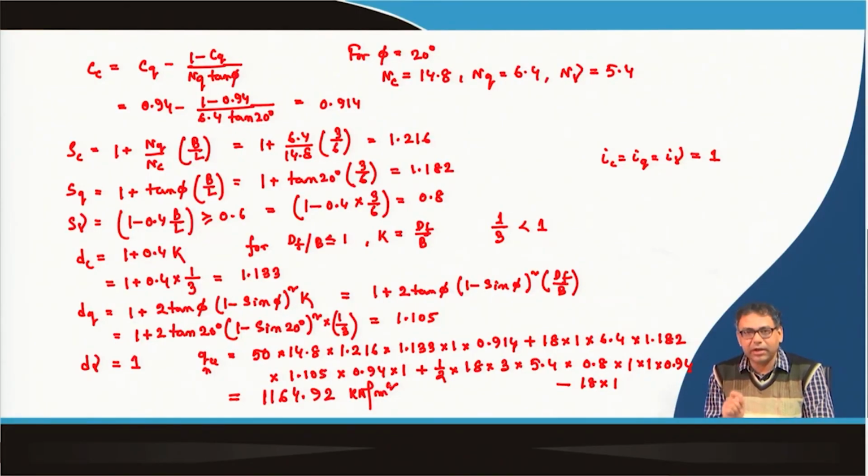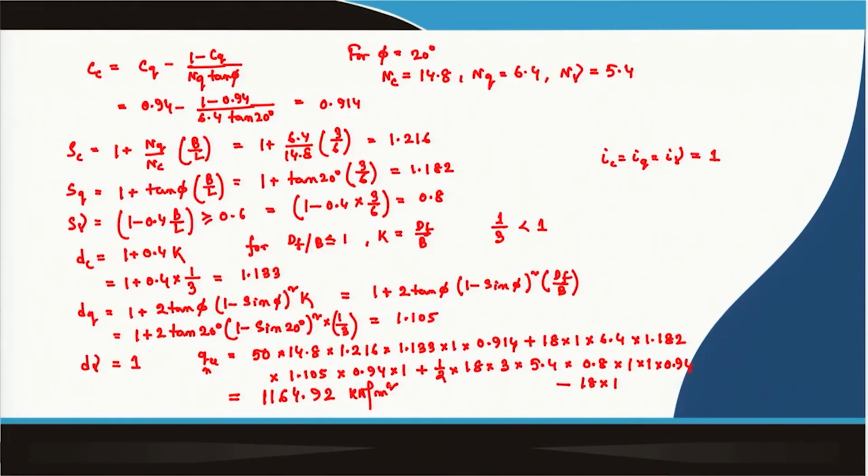But again, when you calculate these factors for eccentric loading, remember that in other theories such a recommendation is not given. So, in my opinion, you consider B dash and L dash in place of B and L. Okay.